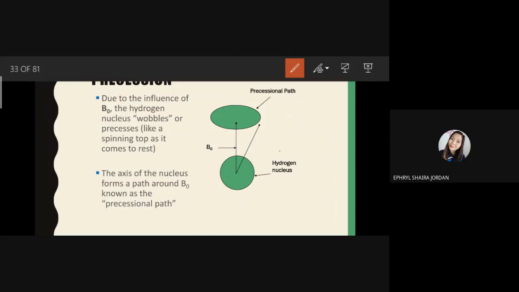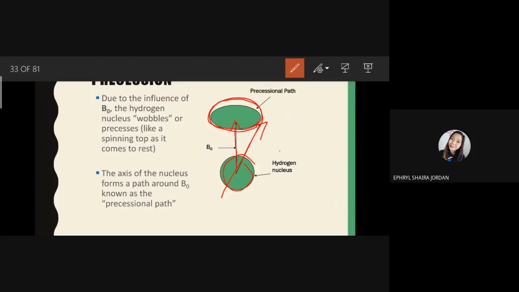Ito siya. This is the hydrogen nucleus. This one is the magnetic field. And this is the magnetic moment. Yan. Iikot ang iyong hydrogen proton, iikot. Now, that's what you call precession.